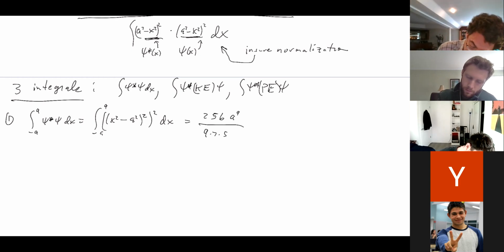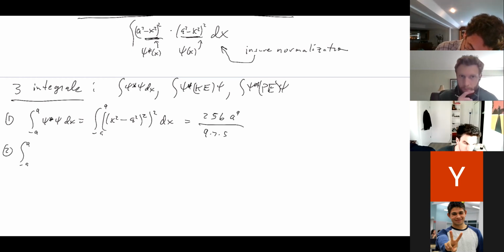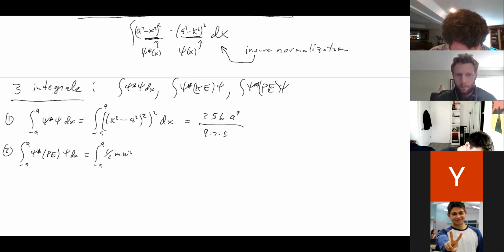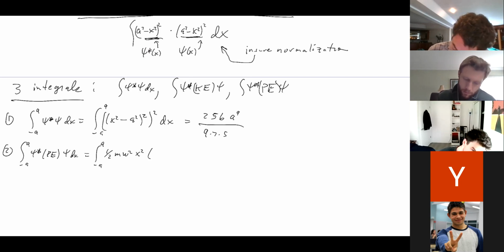Now let's do the second integral, the potential energy integral. Negative a to a of psi star, potential energy, psi dx, which is the integral from negative a to a of 1/2 m omega squared times x squared times, I'm skipping a little bit of algebra, x squared minus a squared to the 4th power dx.